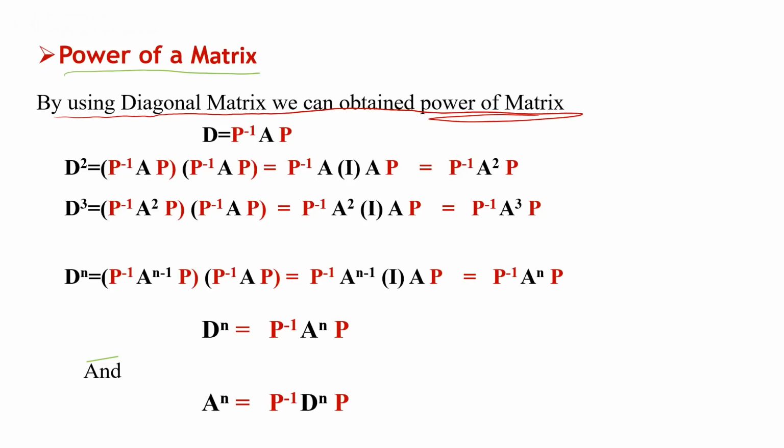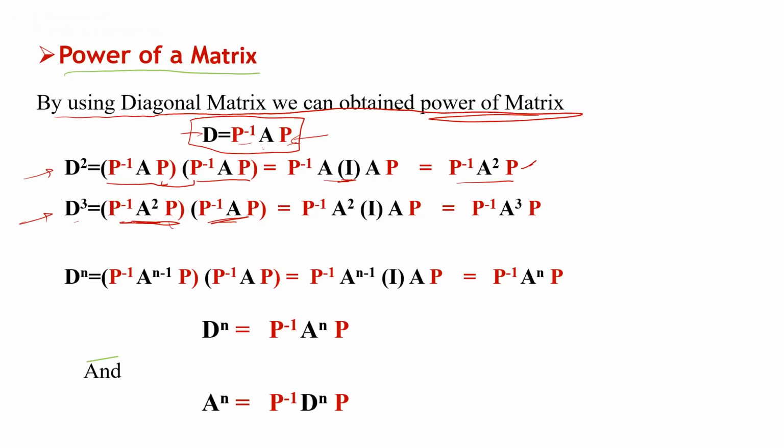As we know, the diagonalization of a matrix is D equals P inverse A P. Here P is the modal matrix and D is the diagonal matrix of A. If you want to find D square, we write P inverse A P, P inverse A P. Here the multiplication of P and P inverse becomes I, and A I is A. So we get P inverse A square P. Similarly, we find D cube, that is D square into D, P inverse A square P into P inverse A P.